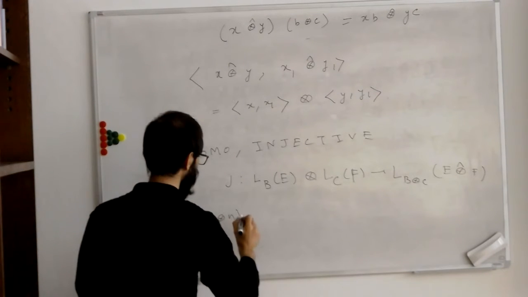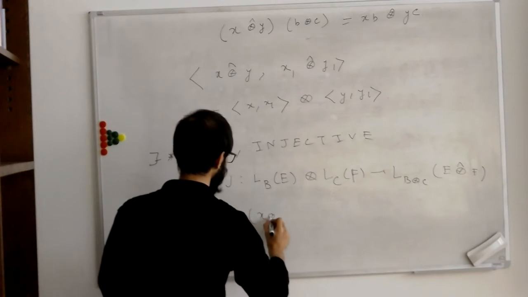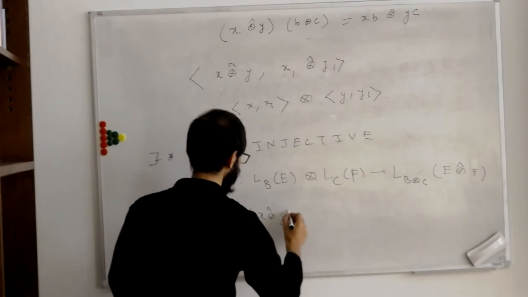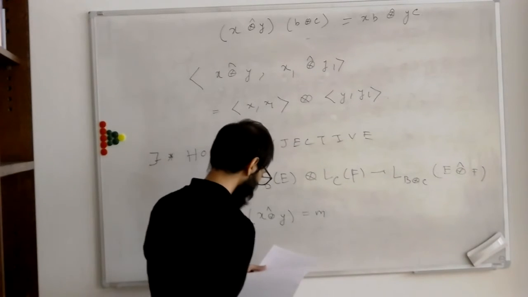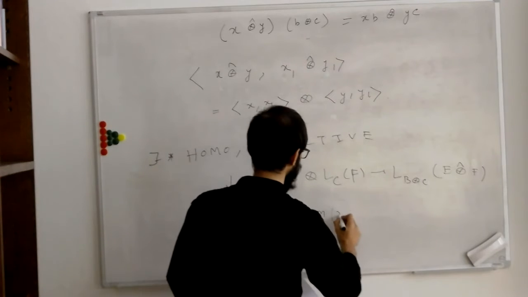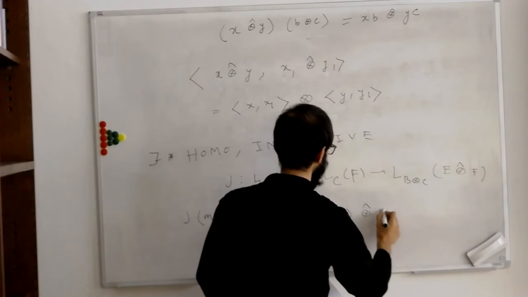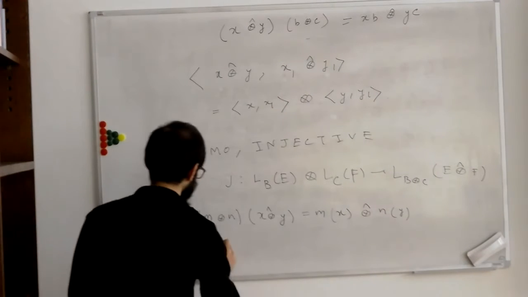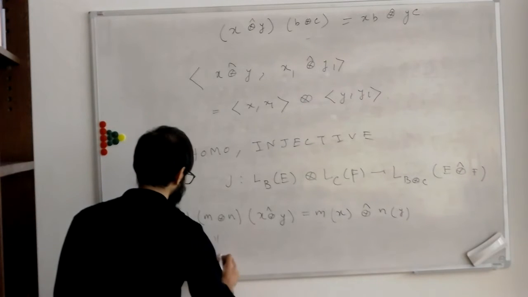Take two operators M and N and apply them on a simple tensor; it would be Mx tensor Ny, as you would expect.